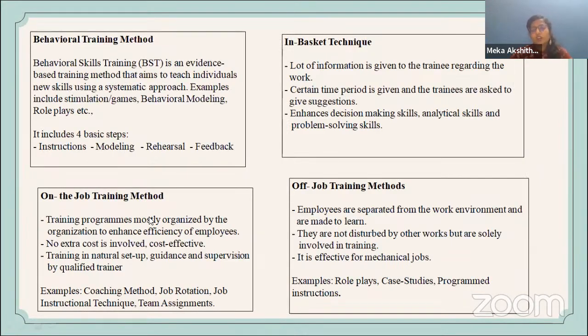So before closing these methods of training, one more important training method which is given in organizations is called as T groups or sensitivity training. So any one of you have the idea of sensitivity training?